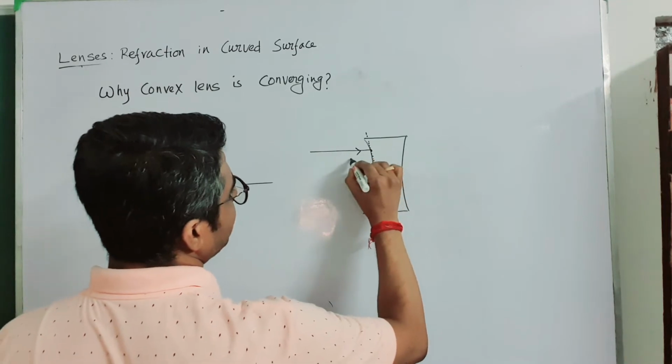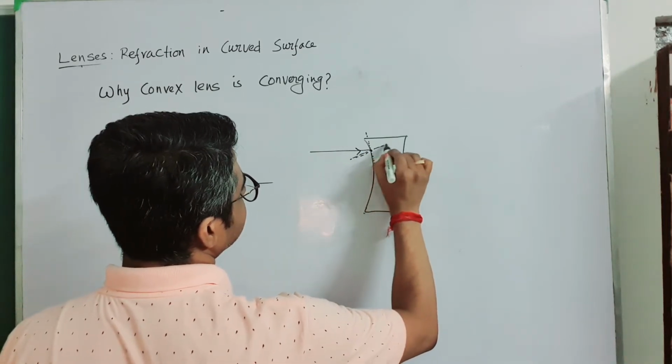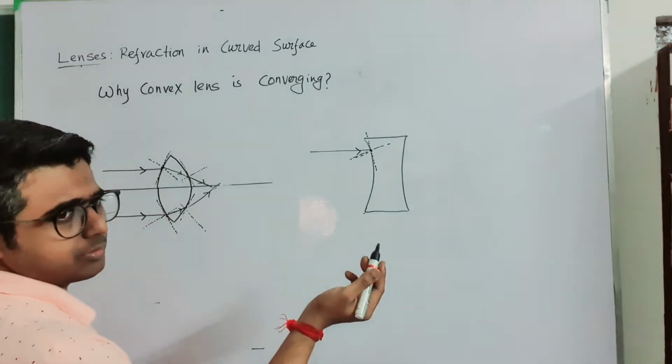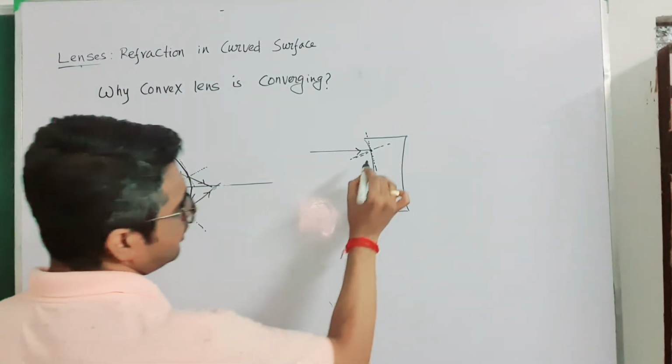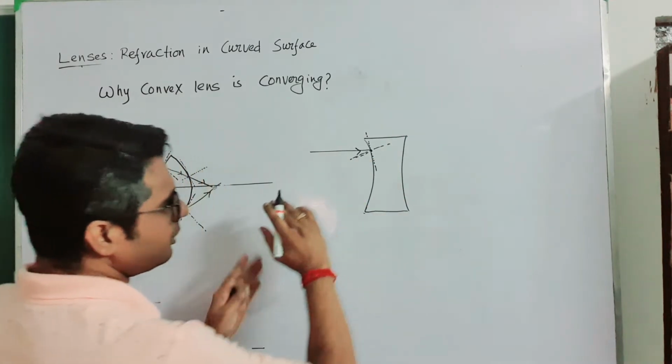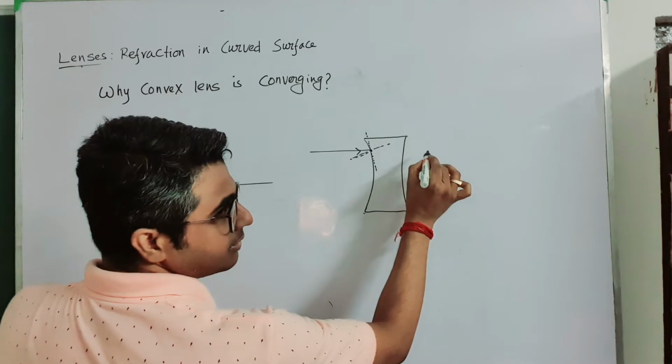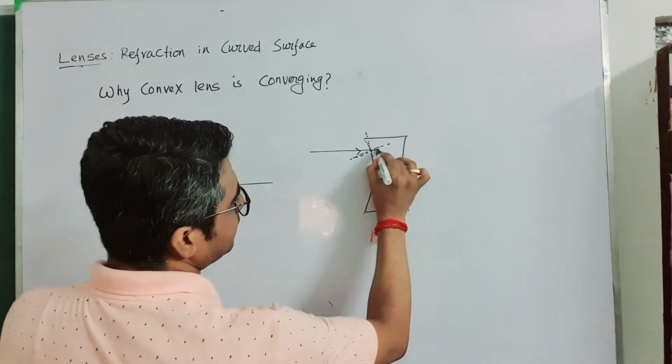So the normal will be like this. It is going to go towards the normal. So normally if there was no change of medium, it should have gone straight. Now it will go towards the normal. That means it will go this side.